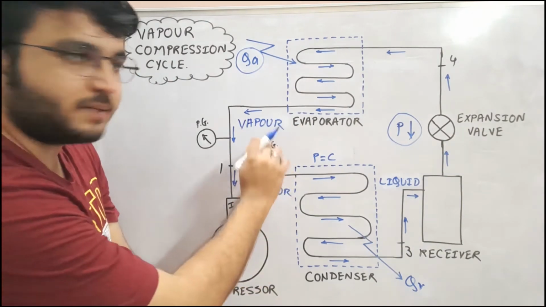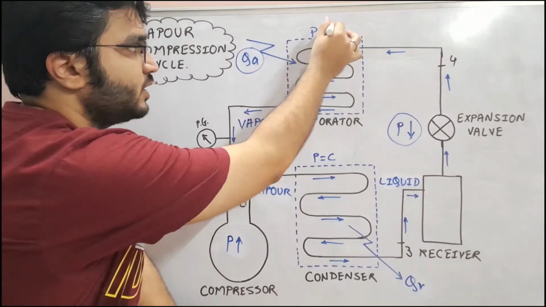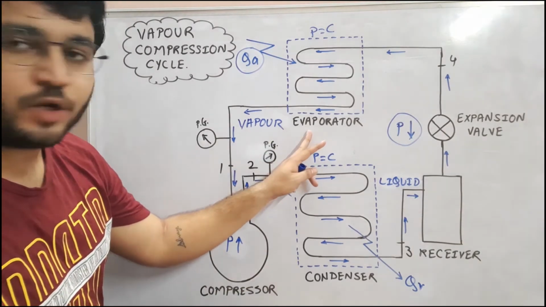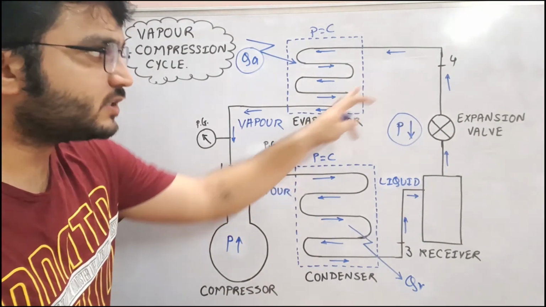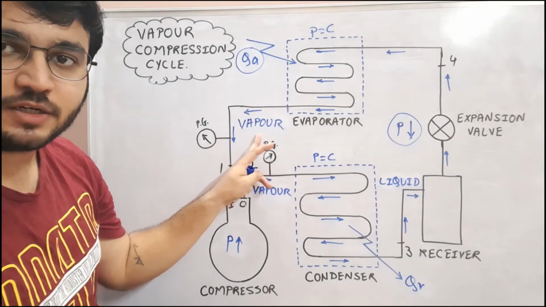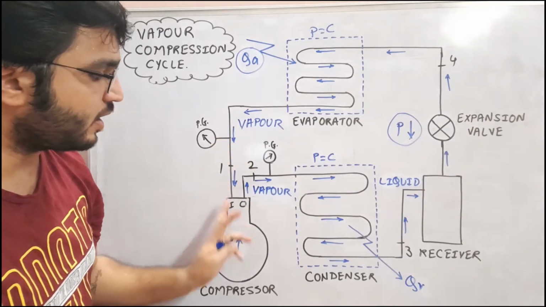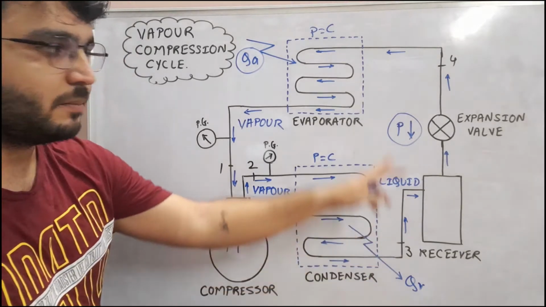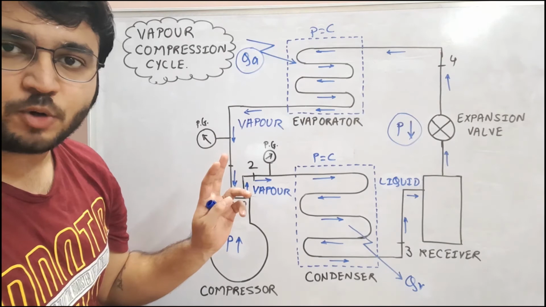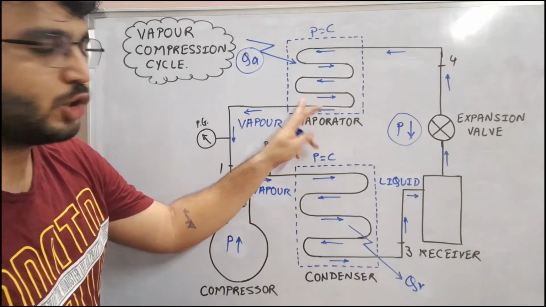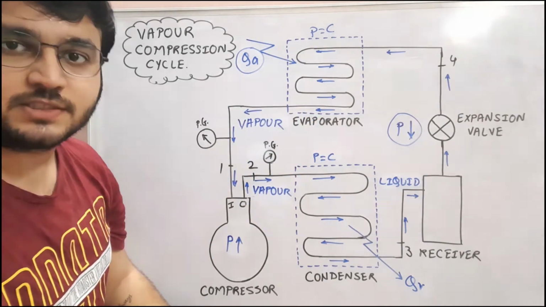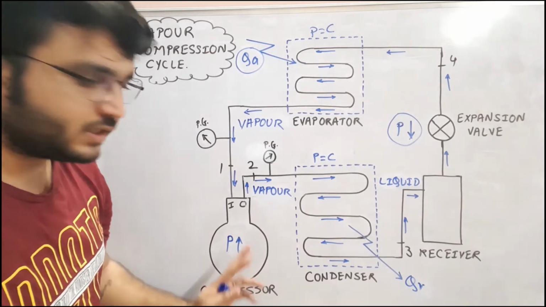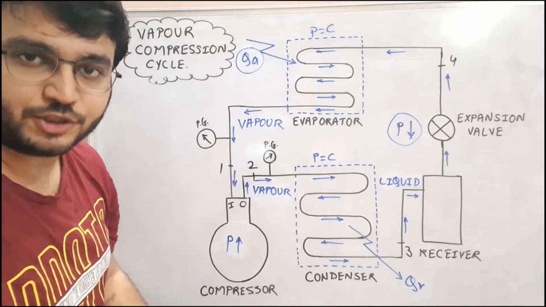And again the same process will be carried out at constant pressure. Such evaporation converts the liquid refrigerant into vapor refrigerant, and the vapor refrigerant will be supplied again to the compressor. And again the same cycle repeats several times till the low temperature is created inside the evaporated space. So now let's see how these components are arranged inside the refrigerator.